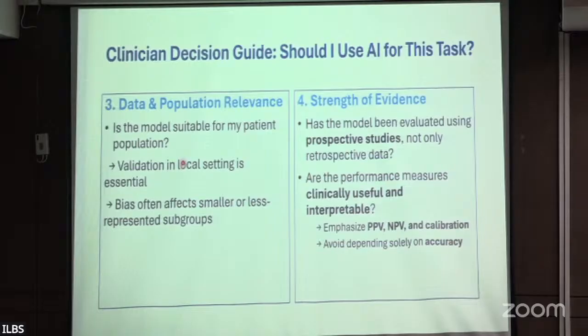Why we will invest into this, and the strength of evidence: how it is validated in our data set or not, what type of diverse data set we have used to test it for generalizability and mitigating bias, and what the accuracy is for the diverse population.